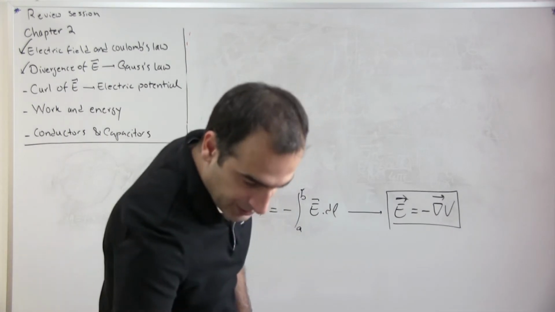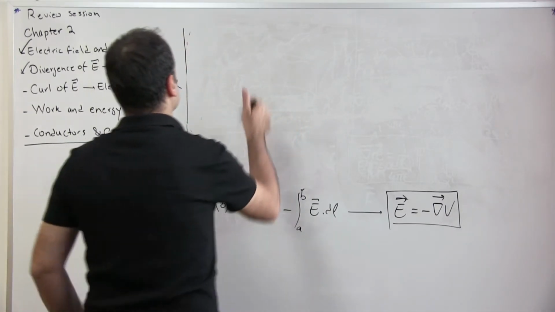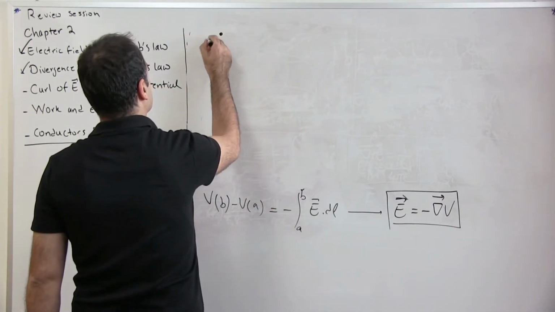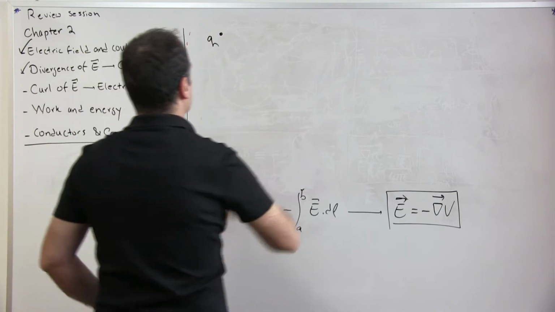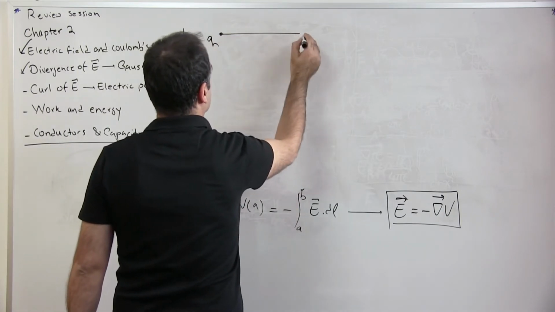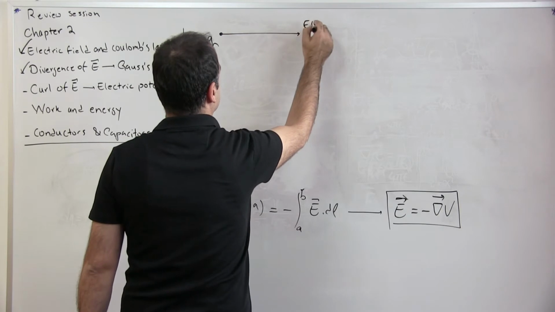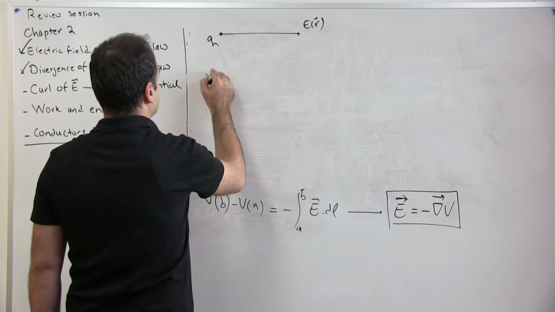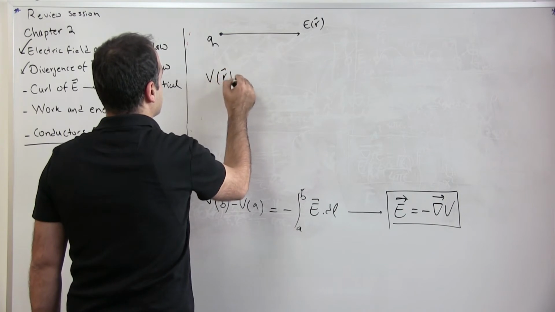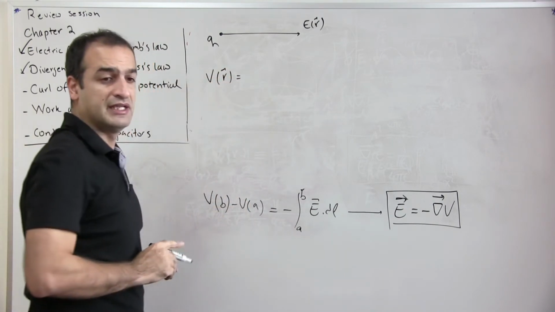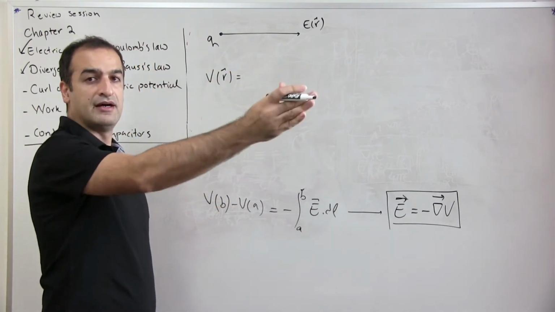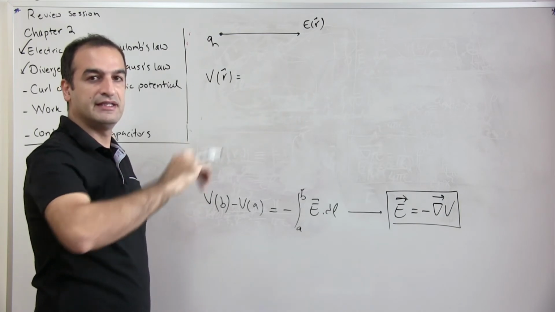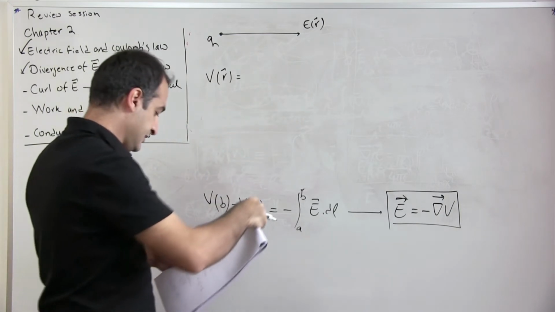So if you have a point charge, Q, we already know what the electric field is at distance r created by this. So we can calculate what electric potential we have. Here we make the assumption that our origin reference is at infinity. That's where the electric potential is 0.